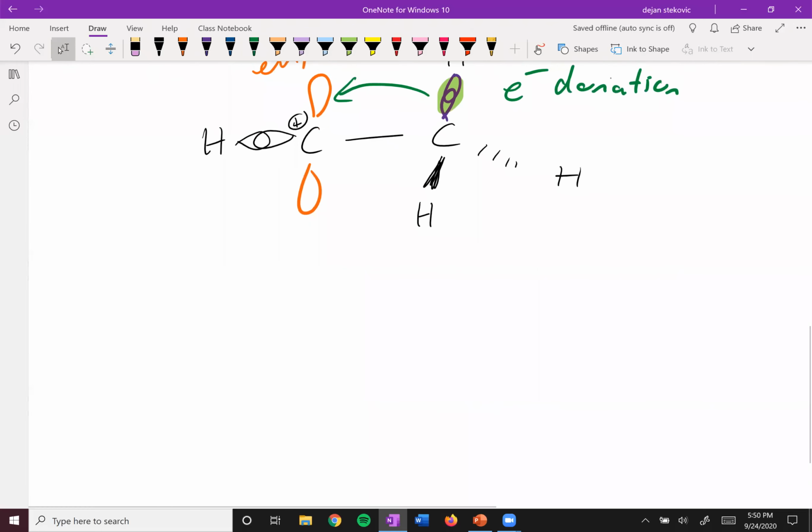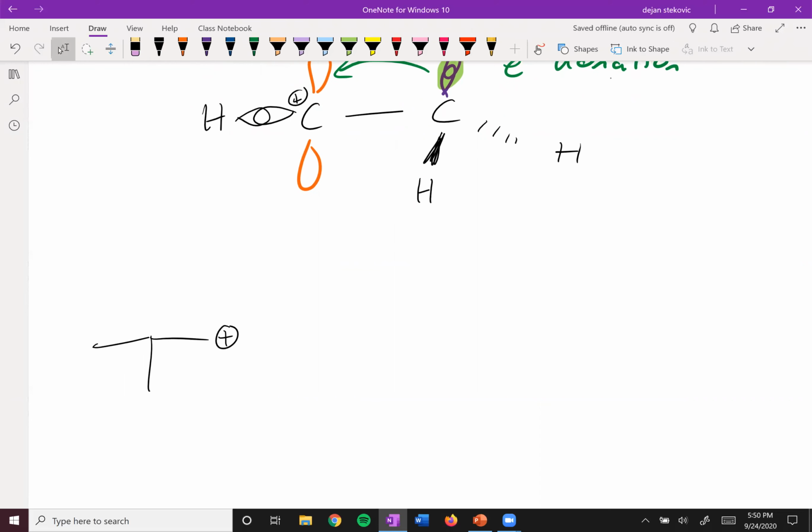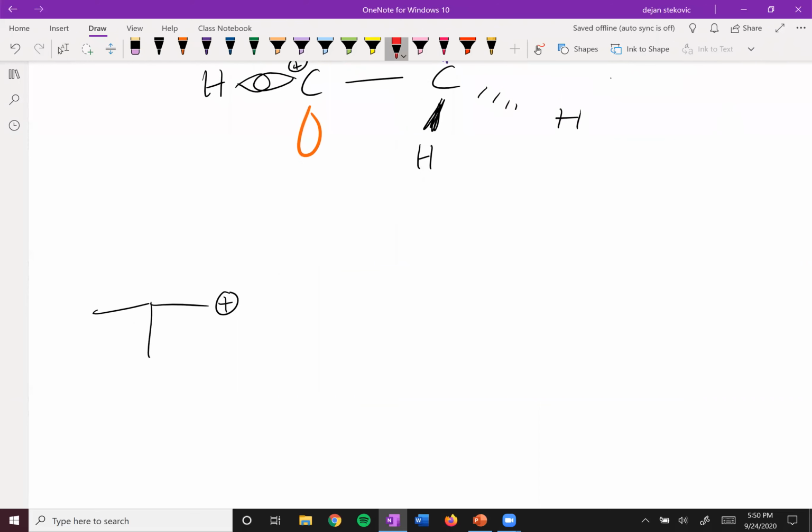But let's say you did form a primary carbocation. So we've got this primary carbocation. This is not going to be very stable. And so what will actually occur is a rearrangement where the carbocation will now become a tertiary carbocation.